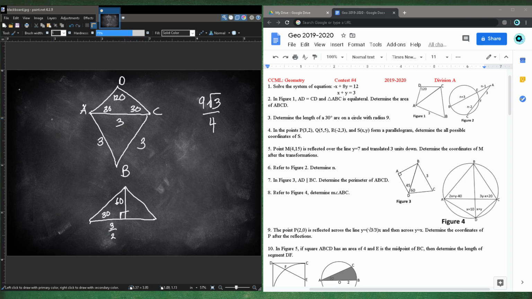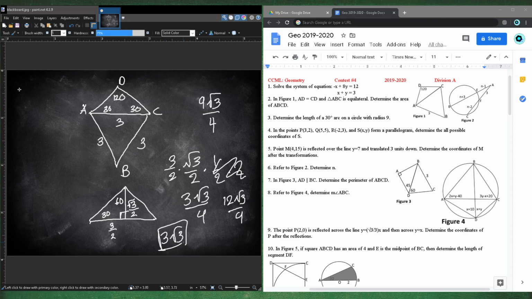That means the area of this triangle is 3 over 2 times square root 3 over 2 times 1/2, to get this side of the triangle, and then multiply by 2 to get the other side, so those cancel out. So that's 3 square root 3 over 4. Adding that to the first area, that's 12 square root 3 over 4, which simplifies to 3 square root 3, which is your answer for number 2.